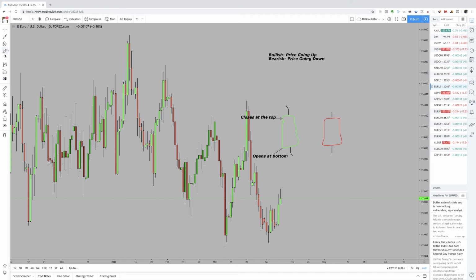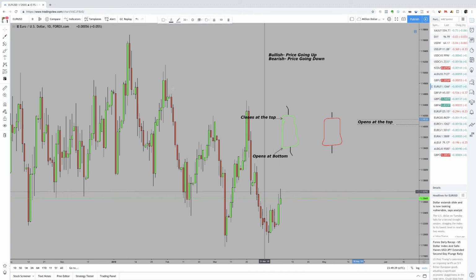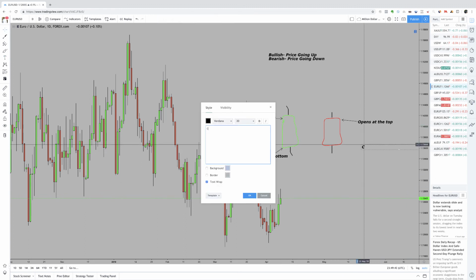Now the bearish candlestick, guess what this one does? It opens at the top. Bearish candlesticks open at the top, and they close at the bottom.